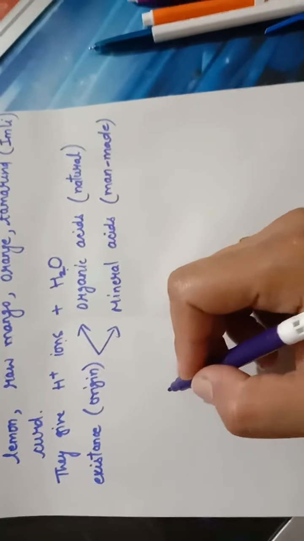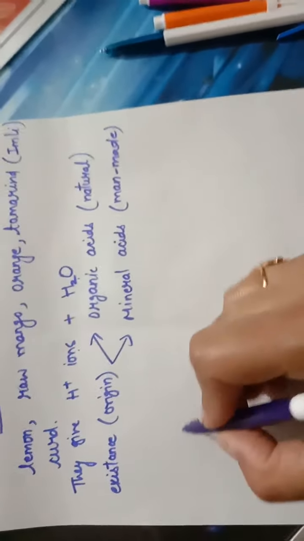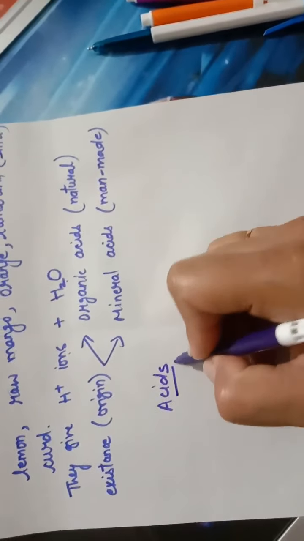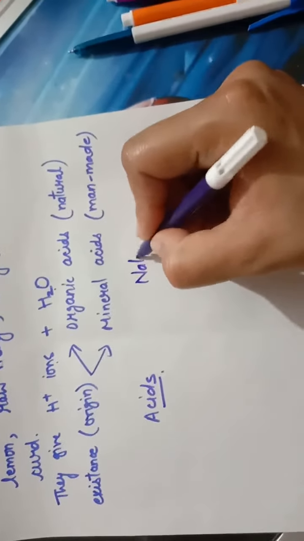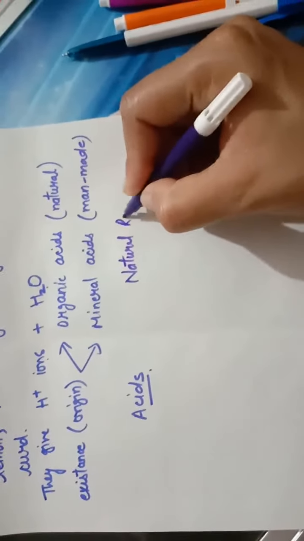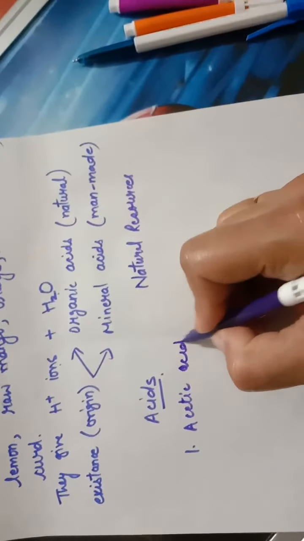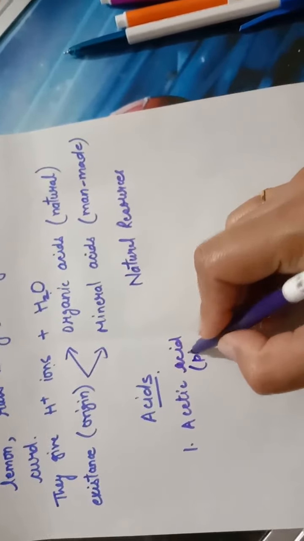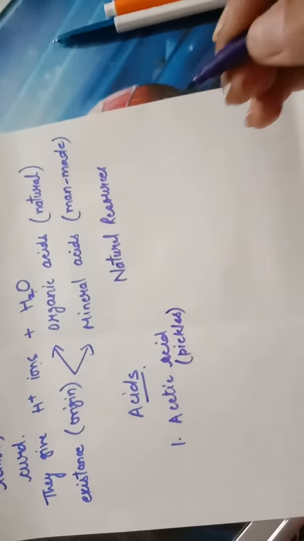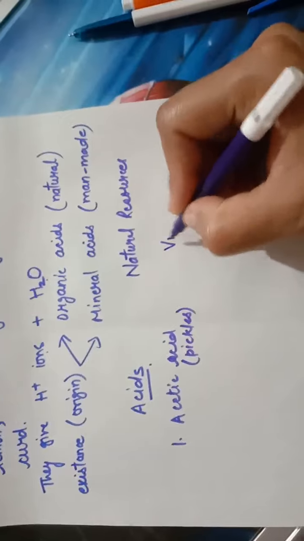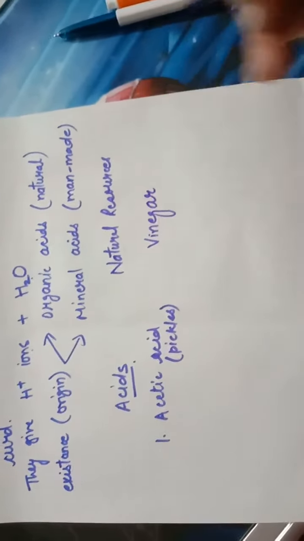On the basis of natural resources, we have many types of acids. So we make a table of these acids and their natural sources available around us. First is acetic acid, which is used in making pickles, achar, and is present in vinegar.